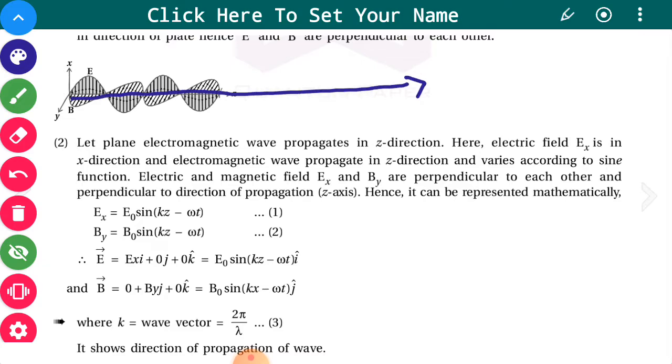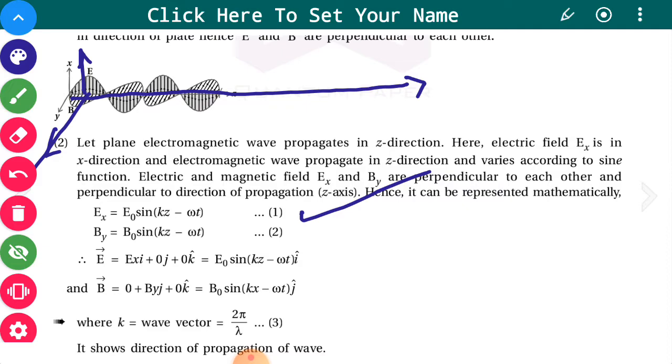Then the electric field is oscillating in the x direction and the magnetic field is oscillating in the y direction, and their equations can be written as Ex, the electric field in the x direction, equals E0 sin(kz − ωt).